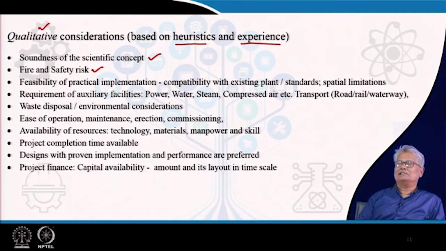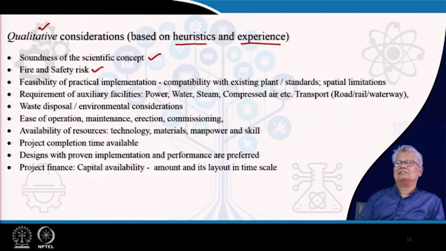There is a very beautiful example. One of the refineries, while being put up, got delayed by about a year because the major equipment which was being transported by waterway got stuck, and it could be refloated and brought to the refinery only when the next monsoon came and the river water level went up.